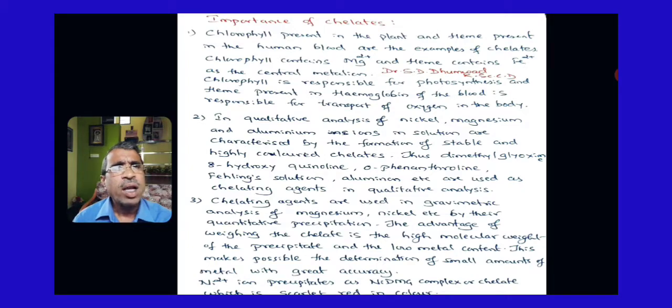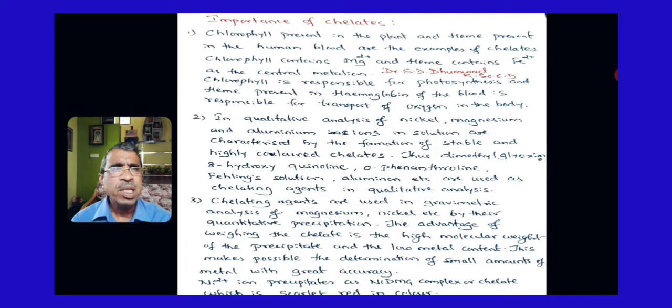Chelating agents are used even in gravimetric analysis of magnesium, nickel, etc. by their quantitative precipitation. The advantage of the precipitate is they have a low metal content, and this makes possible the determination of very small amounts of metal with great accuracy.